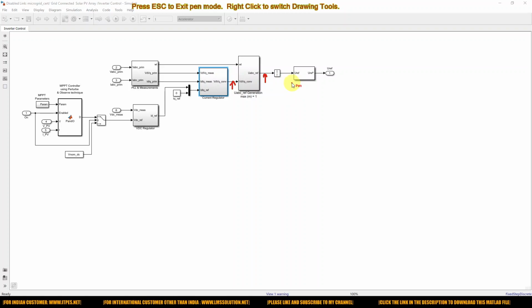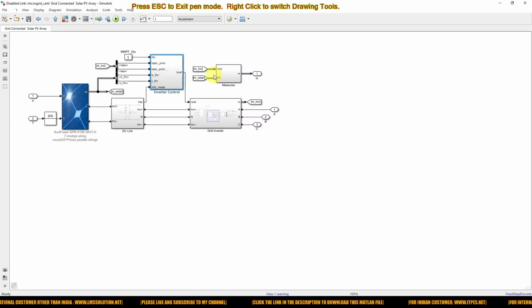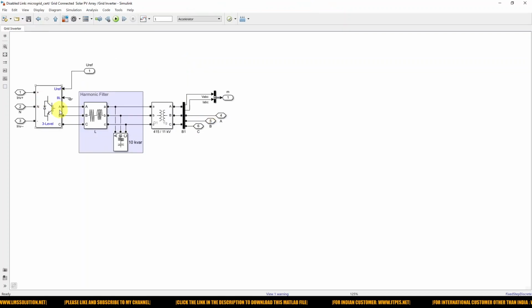Next, it is processed by a PWM generator. Finally we get the PWM pulse, which is given to the neutral clamped inverter.